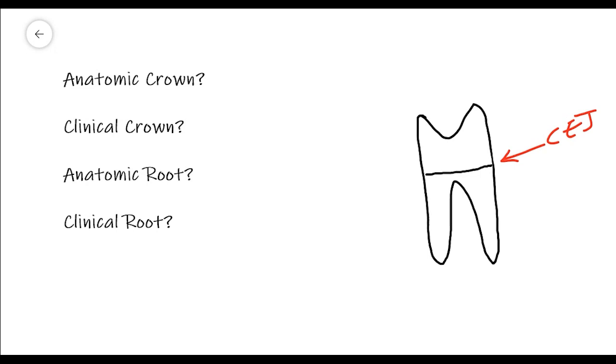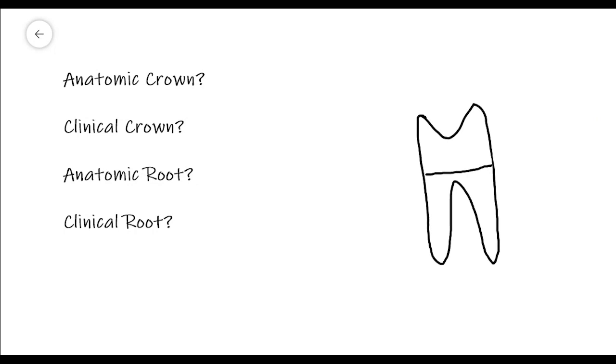If due to some pathology, for example periodontitis, which we will discuss in future, the gingiva moves apically, thereby exposing the CEJ, the crown length is more visible in the oral cavity. Normally in a healthy individual, the CEJ is not visible. So clinical crown is simply that part of the crown that is visible in the oral cavity.